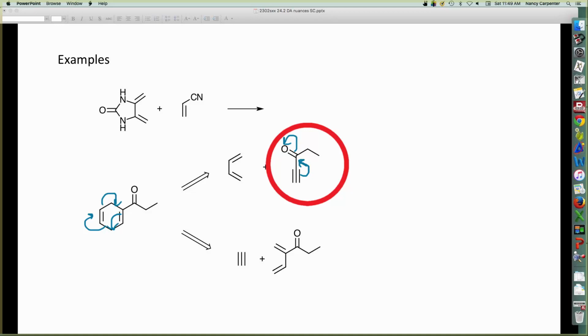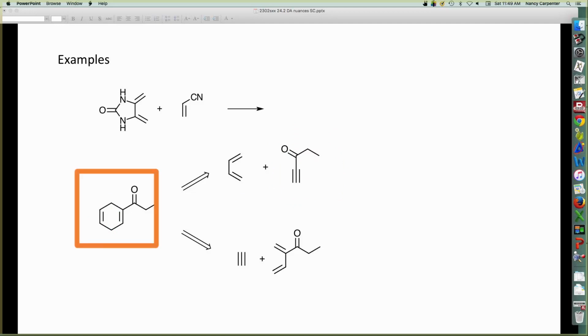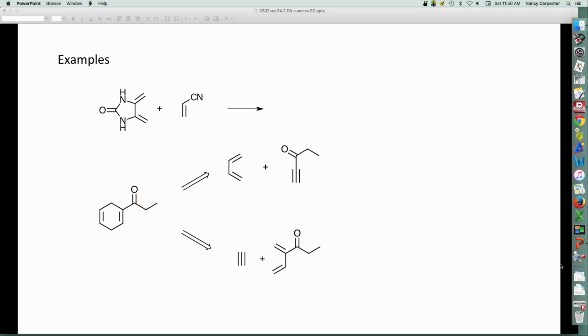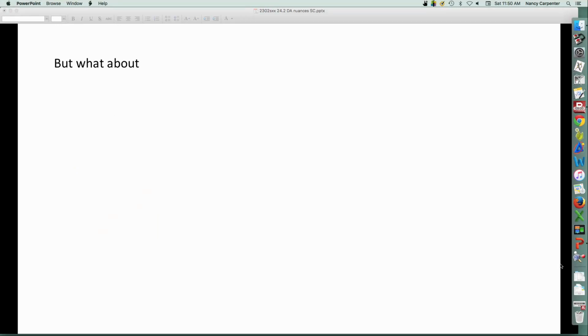Since that pi electron density is being pulled out of the alkyne, that makes it electron poor, and therefore a better match for this diene. So we'll talk more about synthesis in the next mini lecture, but as you can see from just this example alone, there's always two ways to break down a cyclohexadiene like this. All right, moving on.